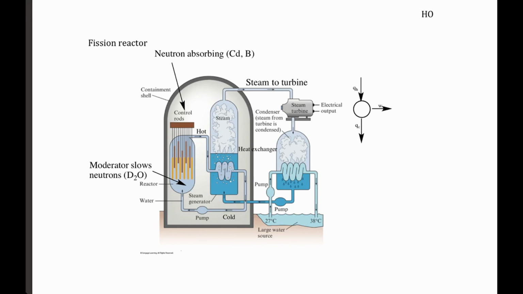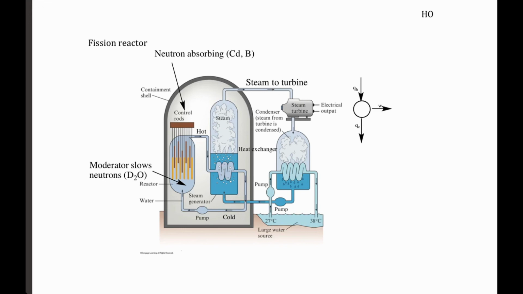That heat energy ultimately goes to water that causes steam to form, and that then can, by pressure changes of the high pressure steam, cause a turbine to be spun, which is like a big blade, like a jet blade.